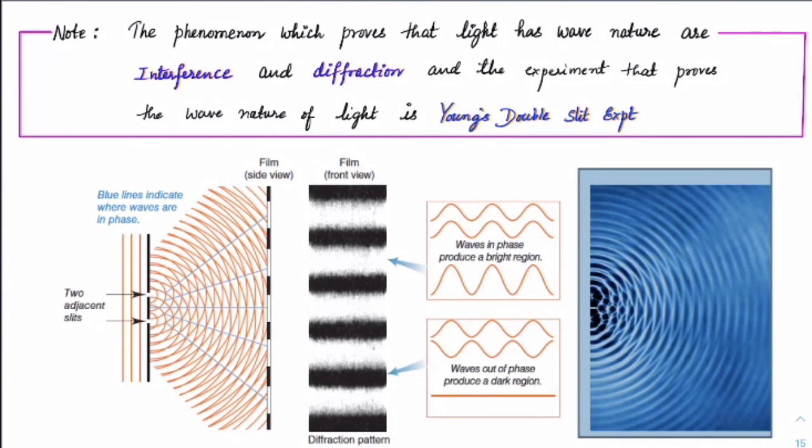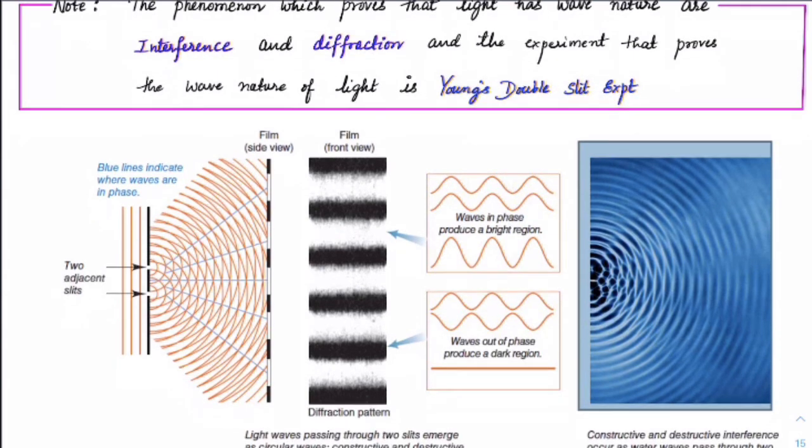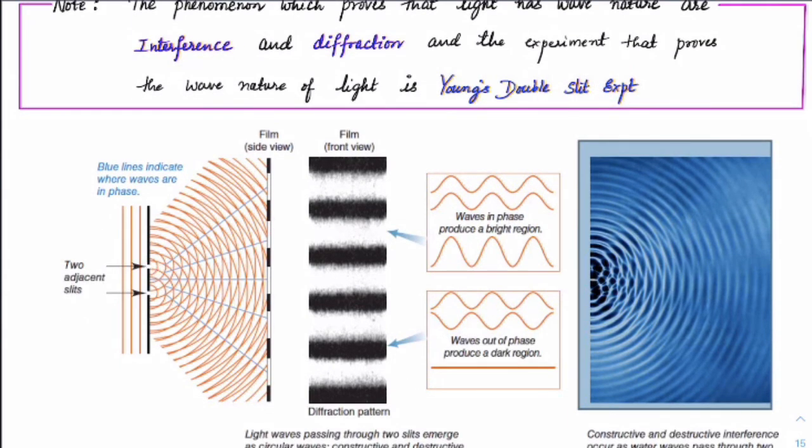Next, objective type questions are often asked like, how do we prove that light has a wave nature? There are two important phenomena by which we can prove it. One is interference, the other is diffraction. You may have come across Young's double slit experiment in school. Suppose I take light to pass through two small slits.